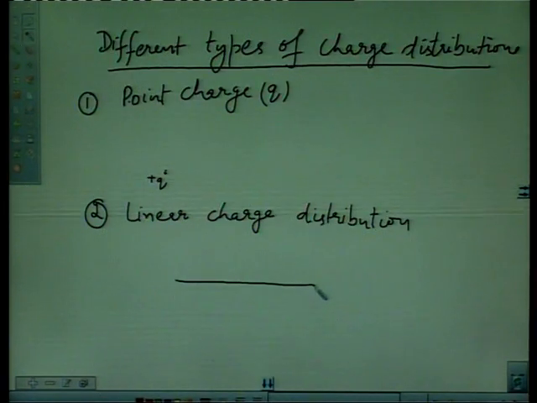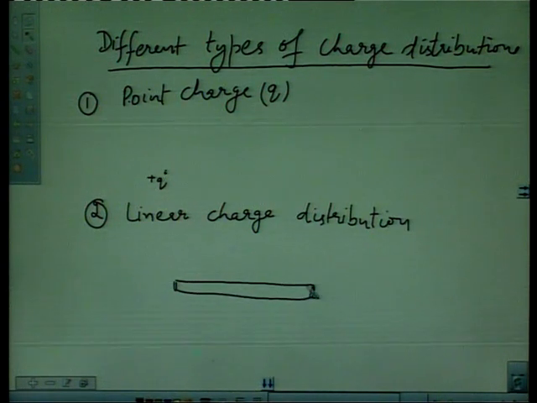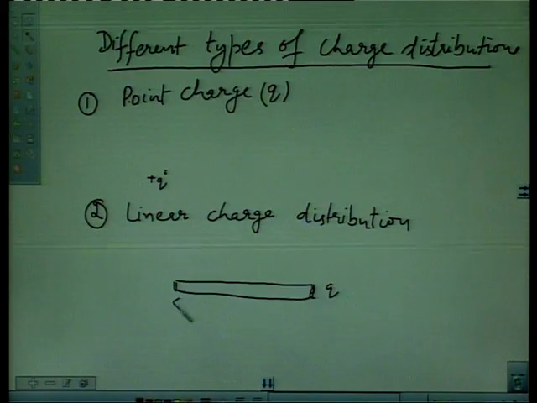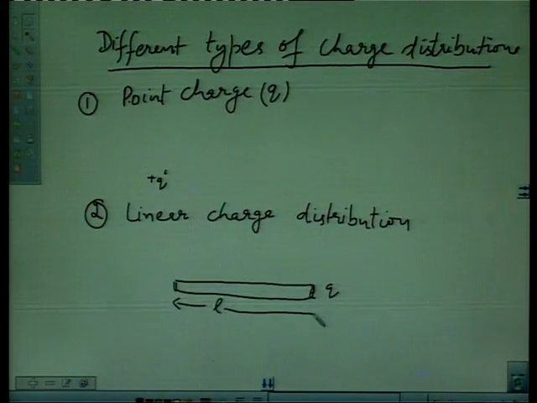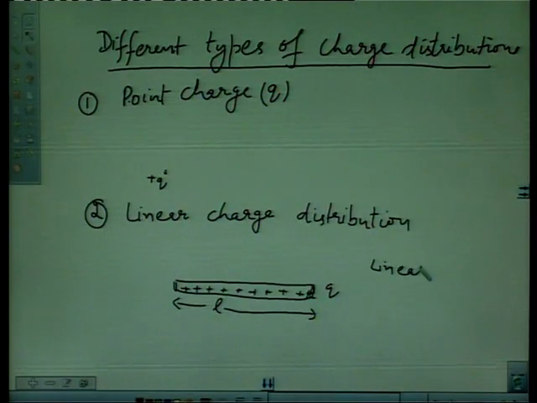Suppose we have a wire or a conductor and we have given it a charge Q. The length of the conductor is L. So, this positive charge gets distributed uniformly over the whole surface of this conductor or wire. So, here we have a term which is linear charge density.